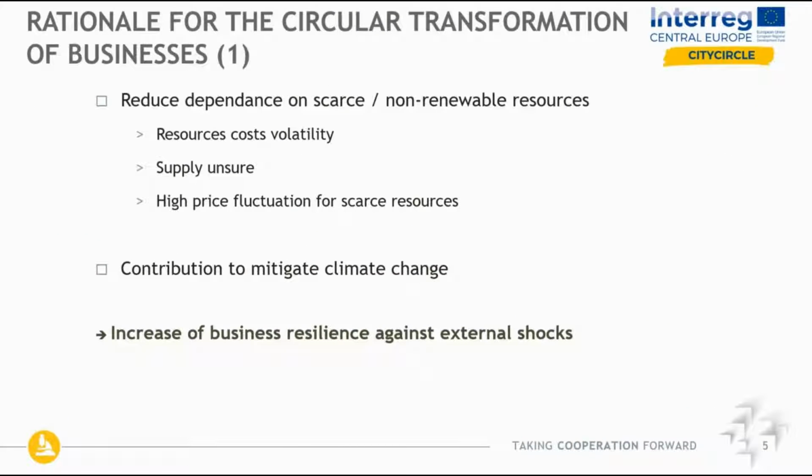There are different approaches to that. The first one is to reduce the dependence on scarce and non-renewable resources. Resources represent costs, and those costs can be quite volatile. The supply might be unsure, depending on whether your resources are really critical in terms of supply or not.